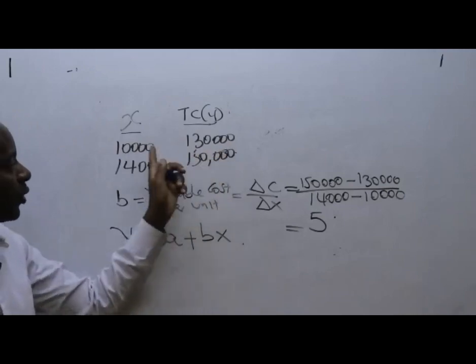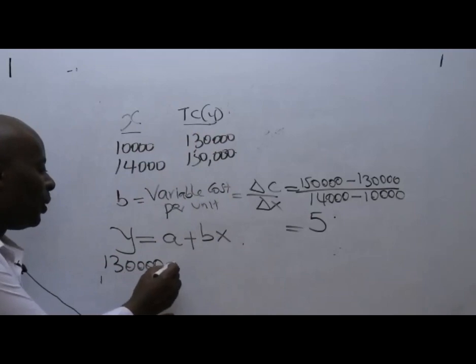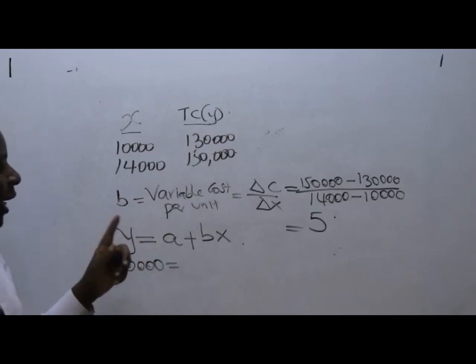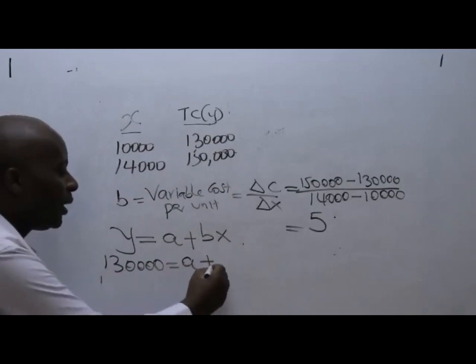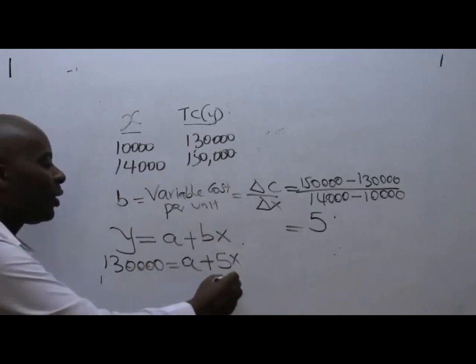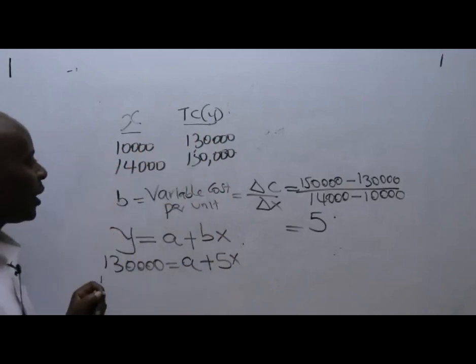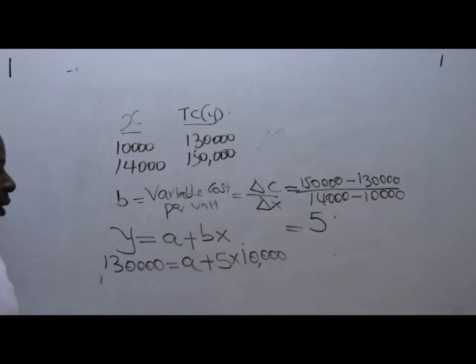For the first one, my y is 130,000, which will be equal to A, the fixed cost that I don't have, plus B that you have just obtained, which is 5, times x for the first point, which happens to be 10,000. So could you kindly give us A? A will be equal to what?